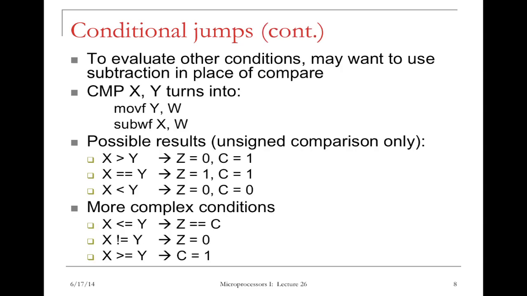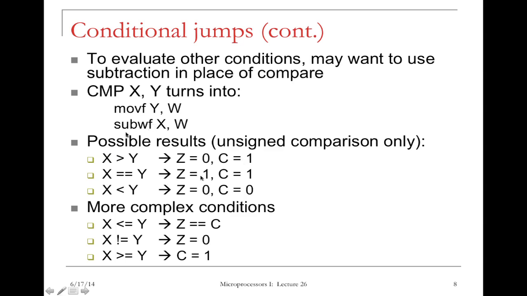To evaluate other conditions, we may want to use subtraction in place of compare. So in x86, we use CMP X, Y. In PIC, we'll use MOVF Y, W, and SUBWF X, W. So these two instructions actually do subtraction and subtract Y from X. The possible results for unsigned: when x is greater than y, you see zero flag is a 0, carry flag is a 1.